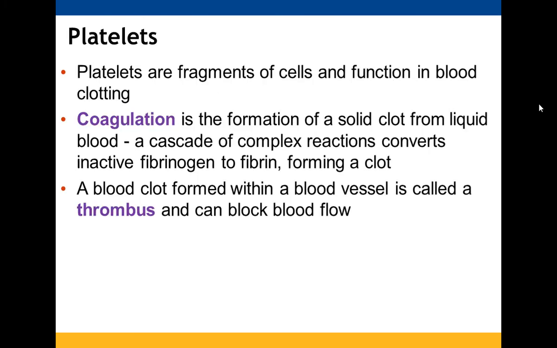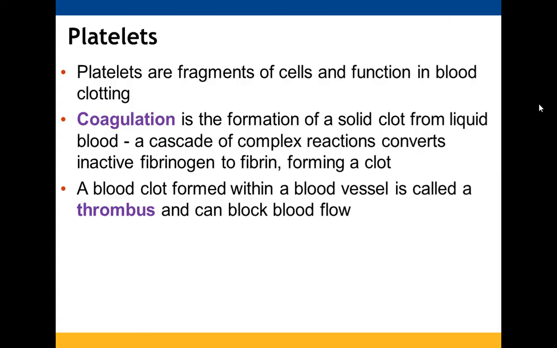Platelets aren't true cells, but they are really super important because they help to clot. If you have blood that's not staying where it needs to be, maybe you've had an injury, coagulation will help to form one of these solid clots. It's taking fibrinogen, which is inactive, turning it into fibrin, which helps to connect everything together to make a plug.